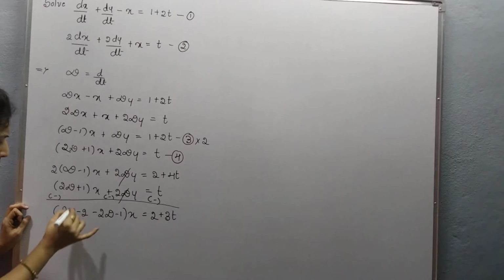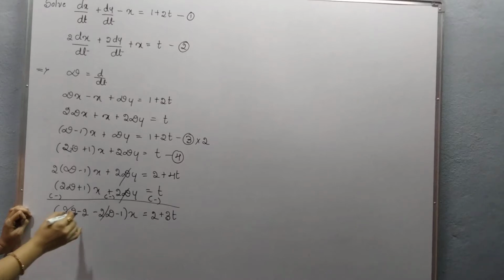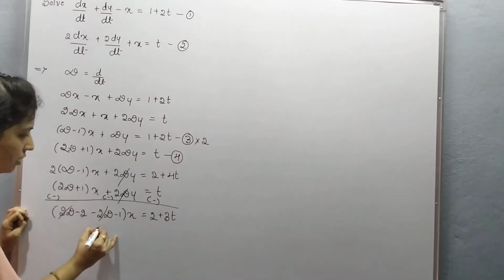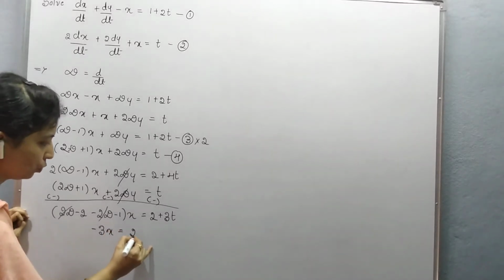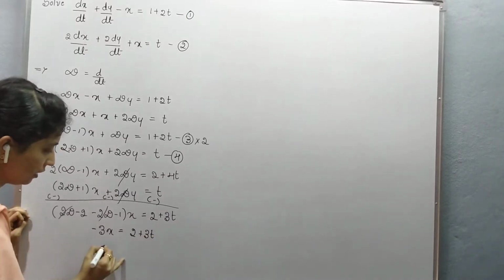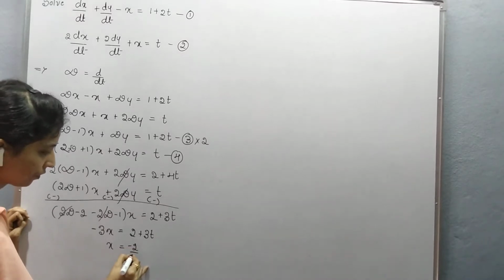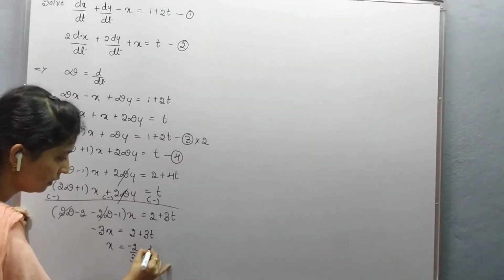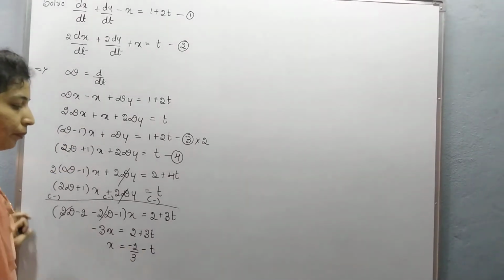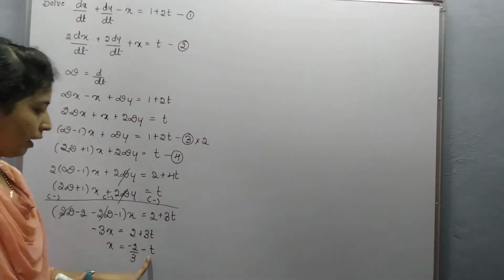Then simplify the terms. Here 2D minus 2D gets cancelled, then minus 2 minus 1, that is minus 3x, is equal to 2 plus 3t, and x is equal to minus 2 by 3 minus t.